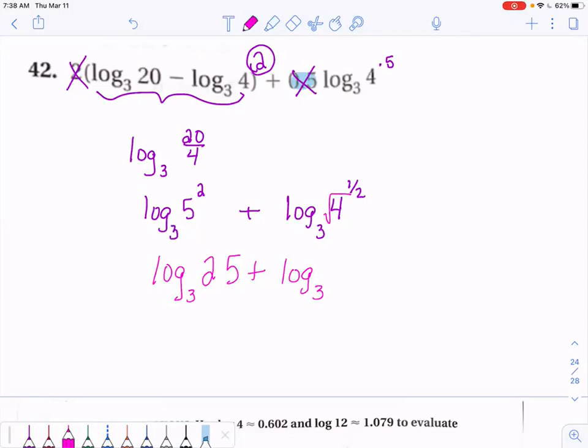A 1/3 exponent is a cube root. So this is changing that number to 2. So we did the parentheses first, then we applied the exponents. And now we have an addition sign remaining. And Grace, that addition sign means, yeah, you multiply the two numbers after the log. So this becomes log base 3 of 50. Questions?